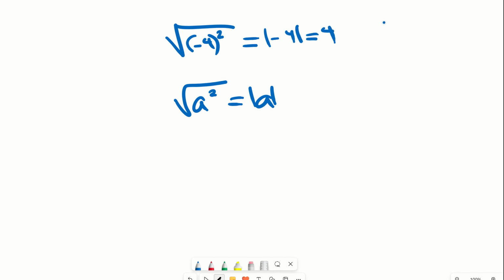Now, notice that you could also say, okay, that's the square root of, what's quantity negative 4 squared? That's 16, right? And of course, the principal square root of 16 is 4. So no ambiguity there.